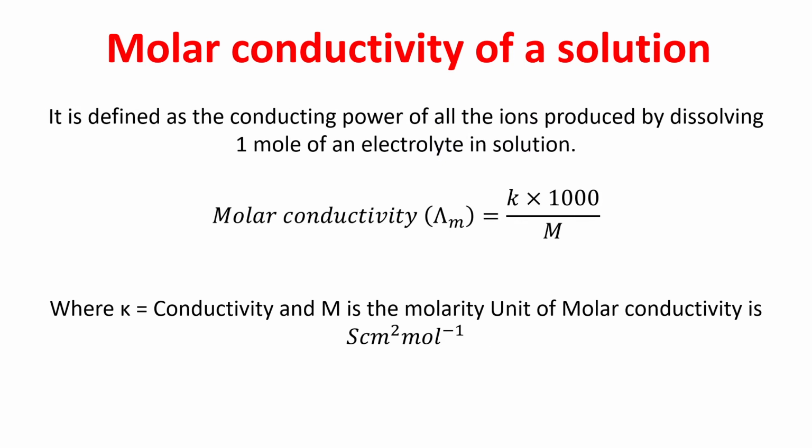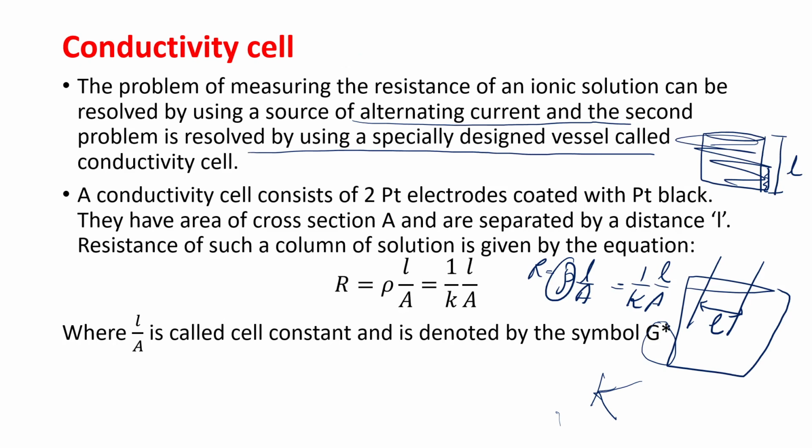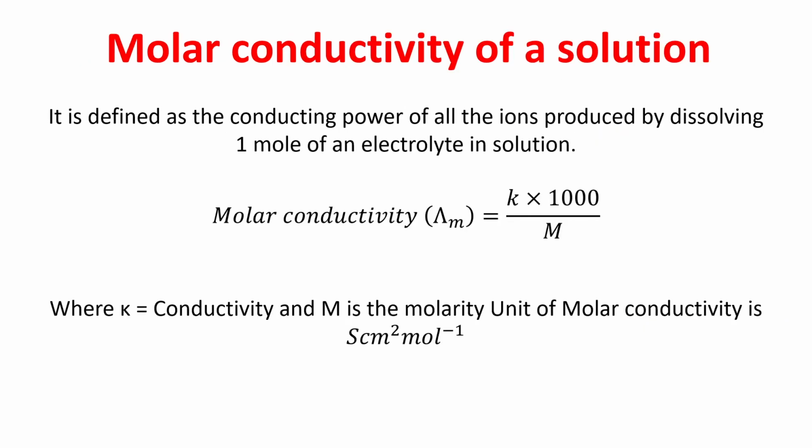So molar conductivity. Now we just defined that the conductivity cell has a length of 1 centimeter between the platinum electrodes. Molar conductivity for such a solution could be defined as the conducting power of all the ions produced by dissolving 1 mole of electrolyte in the solution, provided the length is 1 centimeter and the area of the electrode is 1 centimeter square.